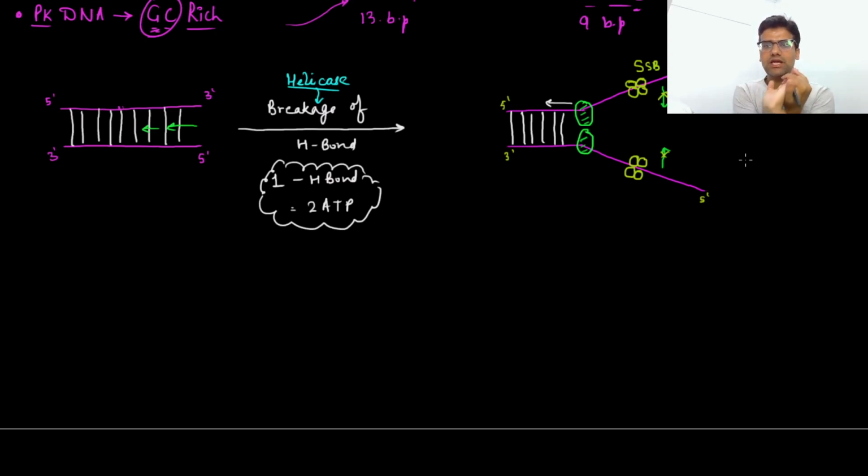And if you are breaking the hydrogen bond, the rest of the DNA will be super coiled. The number of coils will increase in the rest of the DNA. So this part of the DNA gets super coiled. So there is another problem.